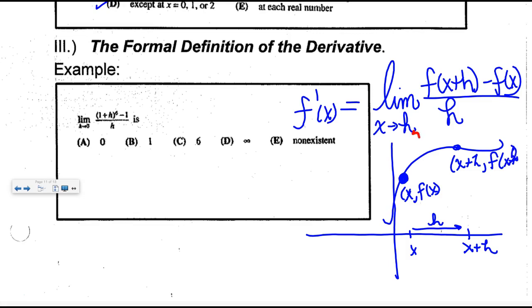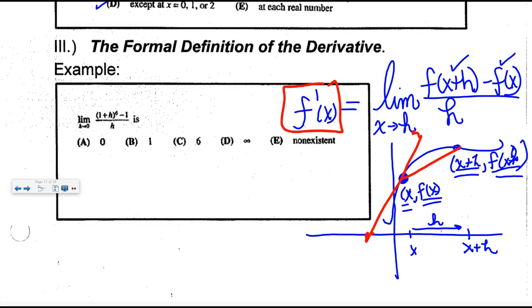Remember, the tangent line is this guy. Its slope is the derivative. Right now, if I were to do the average rate of change, which would be the change in y, f of x plus h minus f of x over x plus h minus x, that would be the slope of that secant line, the average rate of change.